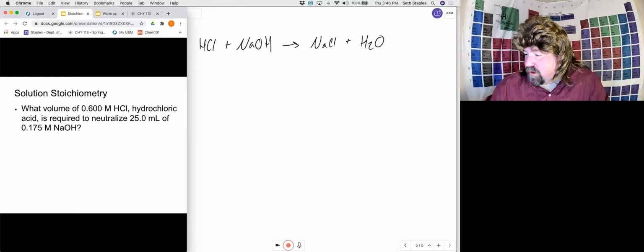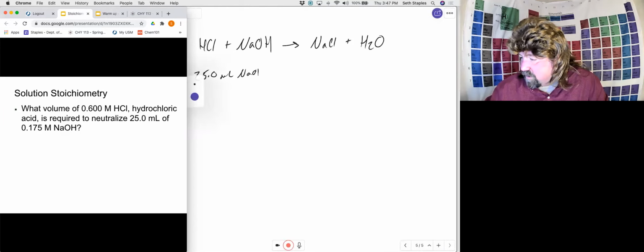We're told that we start with 25 milliliters of our NaOH. To make things easier and so I don't run out of space, I'm going to convert that over to liters right from the start: 0.025 liters.